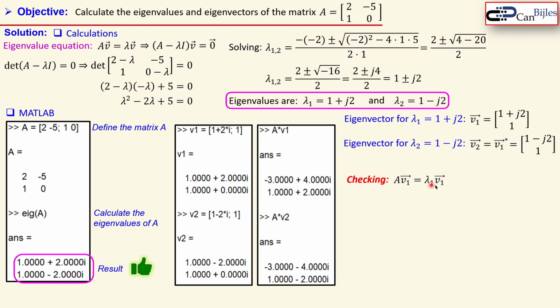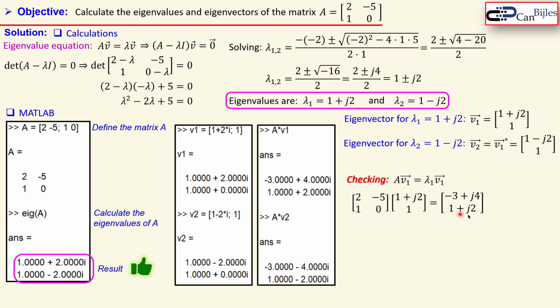So what I do is I apply again the eigenvalue equation. I substitute here the matrix A, and also our eigenvector v1, and I now multiply the matrix and the vector out. So I did 2 times 1 plus j2 plus minus 5 times 1. That will result in this. And the other one is 1 times 1 plus j2 plus 0.